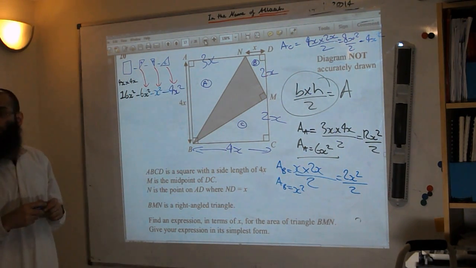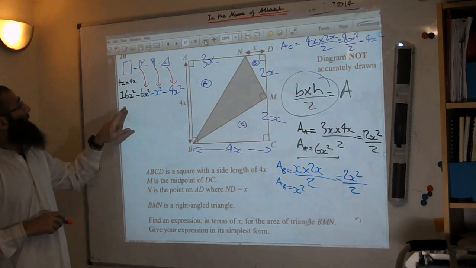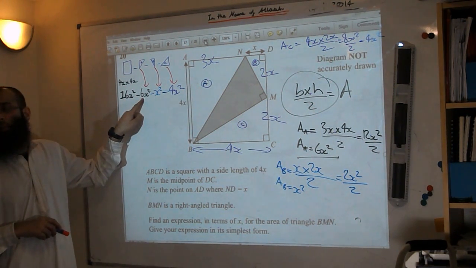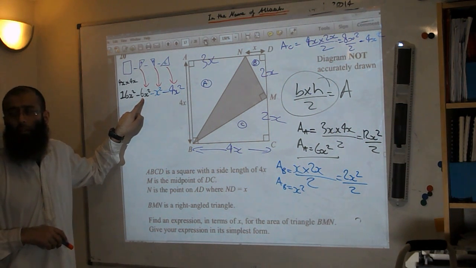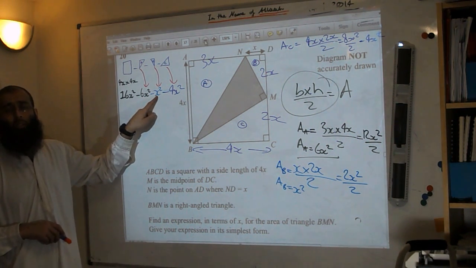Right, hopefully this shouldn't be too difficult now, the last part. 16x squared take away 6x squared will give us 10x squared. 10x squared take away x squared will give us 9x squared.